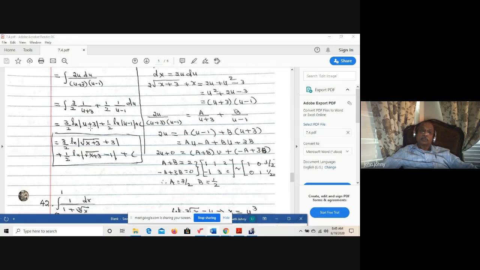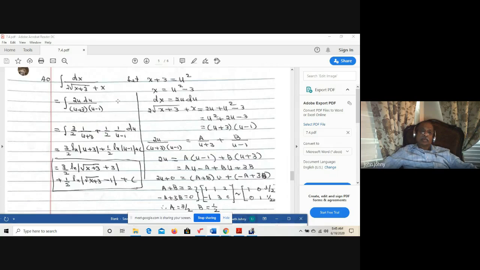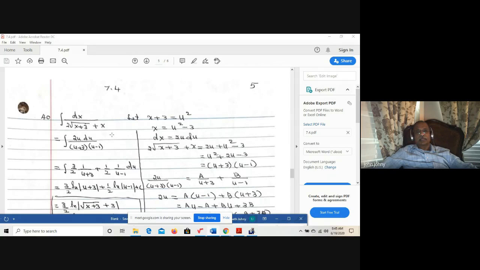And what is u? u is square root of x plus 3. So that is 3/2 times natural log of square root of x plus 3 plus 3, plus 1/2 times natural log of square root of x plus 3 minus 1, plus c. So this problem is of a special kind. You have a radical plus another term in the denominator.